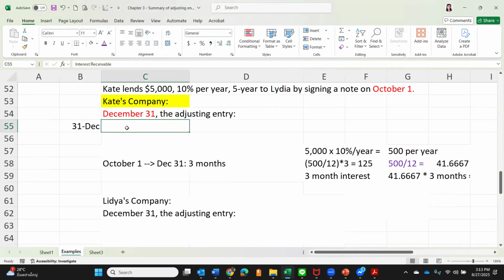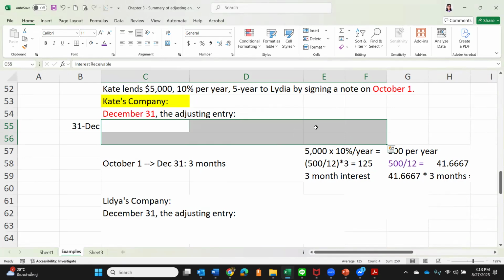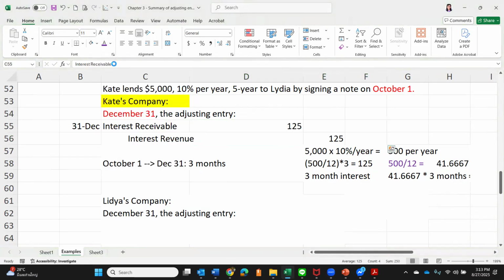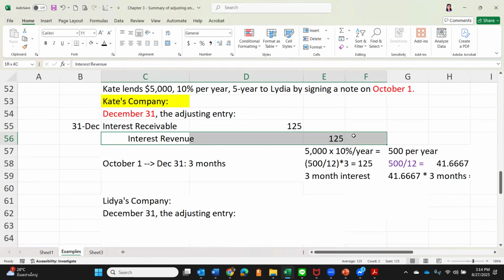So at December 31, Kate's company will record the adjusting entry. Kate will debit interest receivable for 125 because Kate's company already earned interest revenues of 125, but they haven't received the money yet. So we debit interest receivable for 125, going to receive it later, and we credit interest revenue 125.